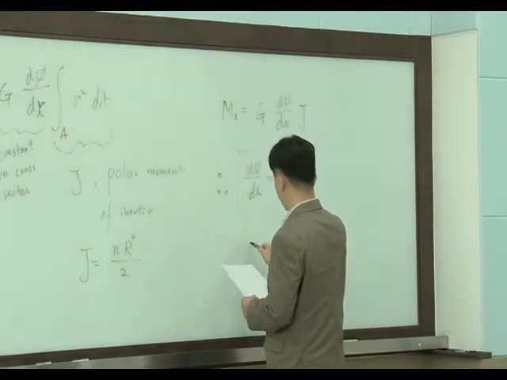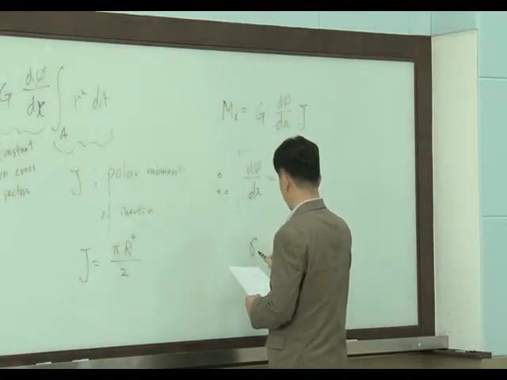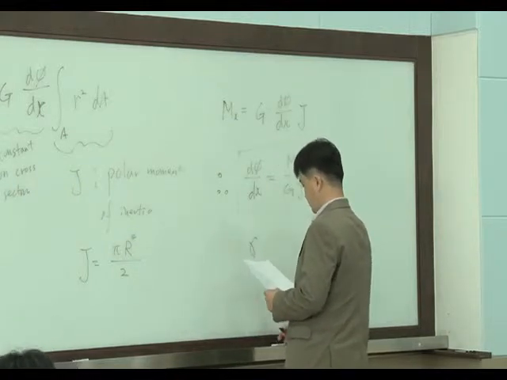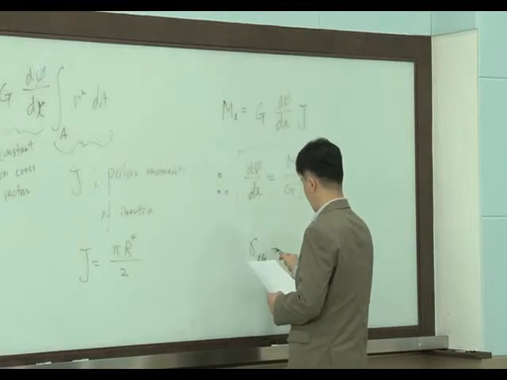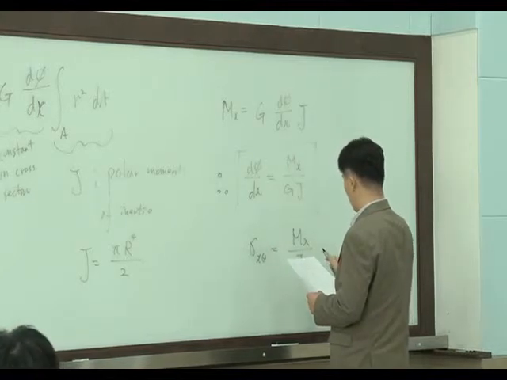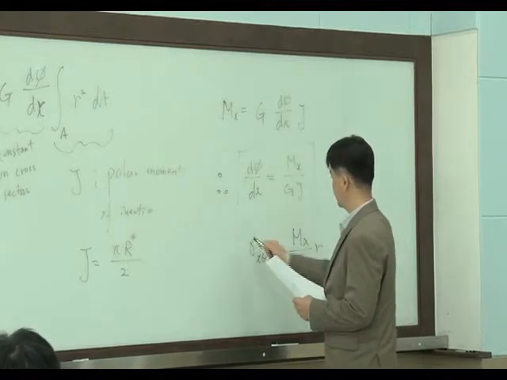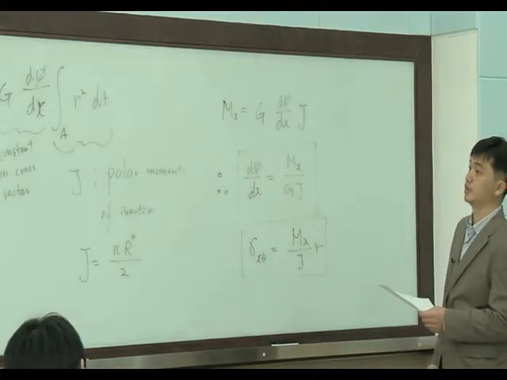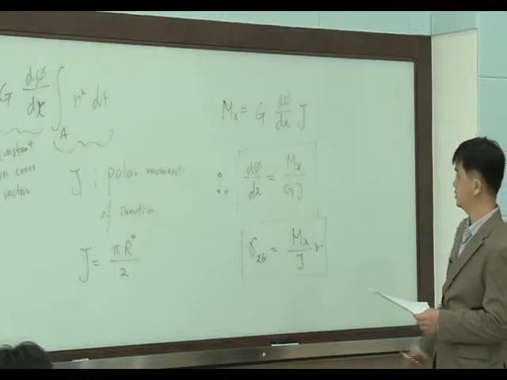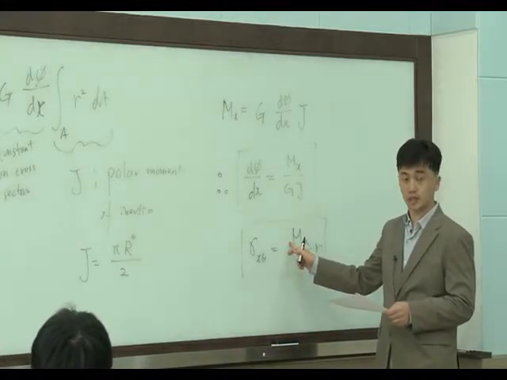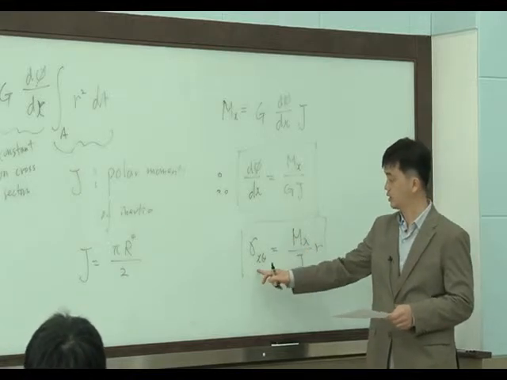Okay, and stress tau x zeta will be Mx over J times R. These two equations are important. This equation gives us the relation between torsional moment and stress.